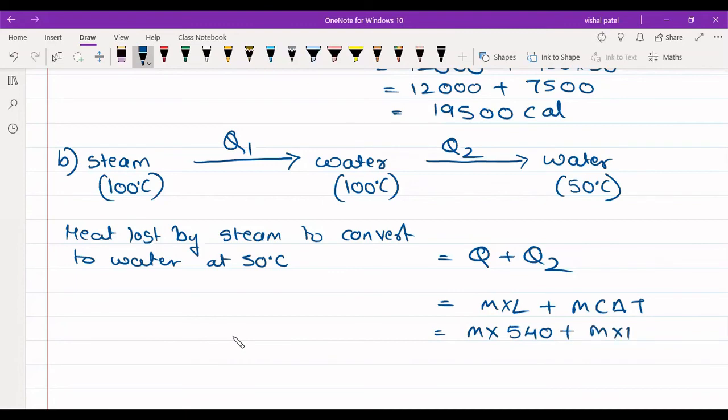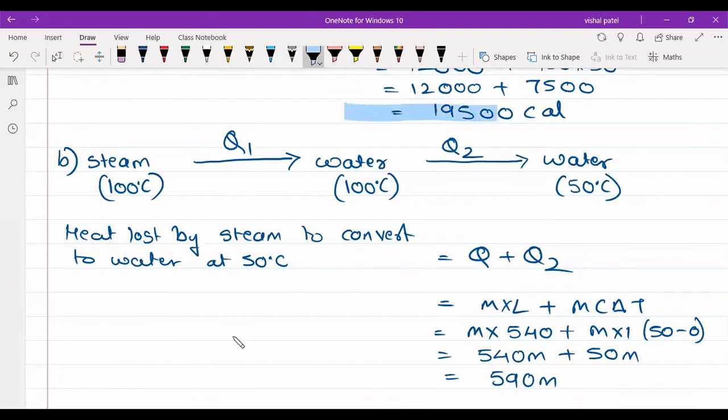Specific heat is 1, and change in temperature is 50 minus 0. It is going to be 50 at the end. So it is 540 m plus 50 m, so that is 590 m.